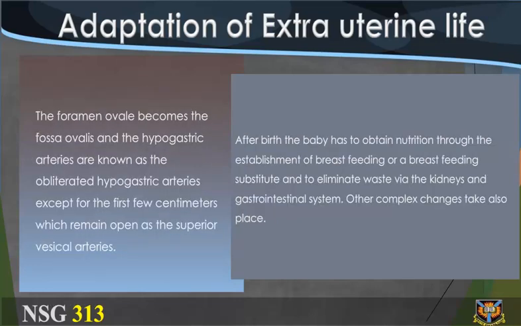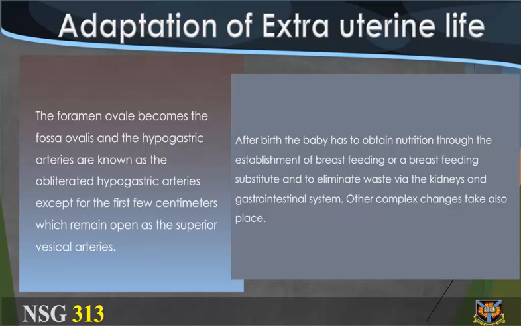The foramen ovale becomes the fossa ovalis, and the hypogastric arteries are known as the obliterated hypogastric arteries, except for the first few centimeters, which remain open, and the superior vesical arteries.